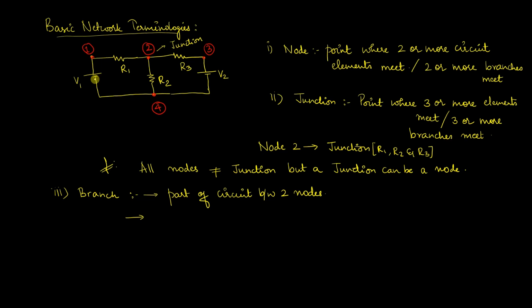So in this particular circuit, we have in total 5 branches. So 5 branches means 5 circuit elements are present.